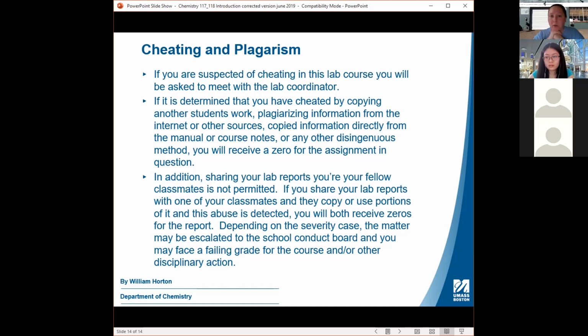When you submit your lab report to us through Blackboard, it does check your lab report against everything that has ever been submitted to SafeAssign in general. So not just from this university, but every university, as well as documents online and online resources.